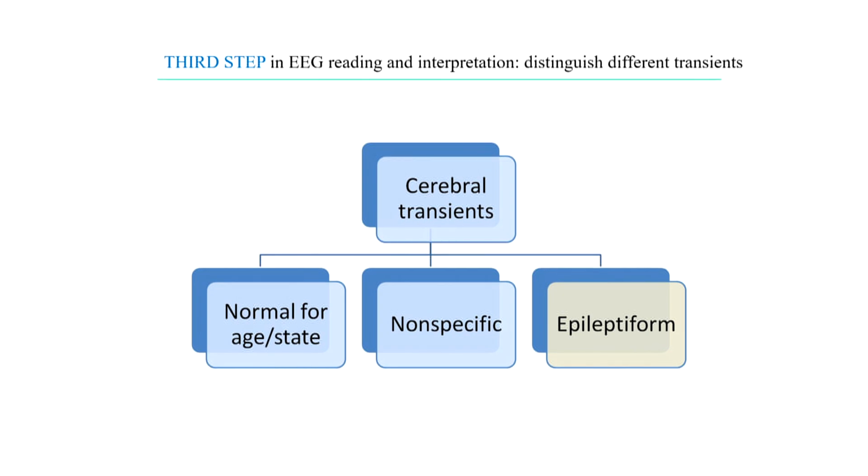So majority of the transients are physiological, or there may be some kind of non-specific slowing which comes intermittently, especially in the elderly. For example, the temporal slow wave transient of the elderly is a normal phenomenon. Or whether they are epileptiform. These are the ones which we are interested in in relation to the diagnosis of epilepsy.